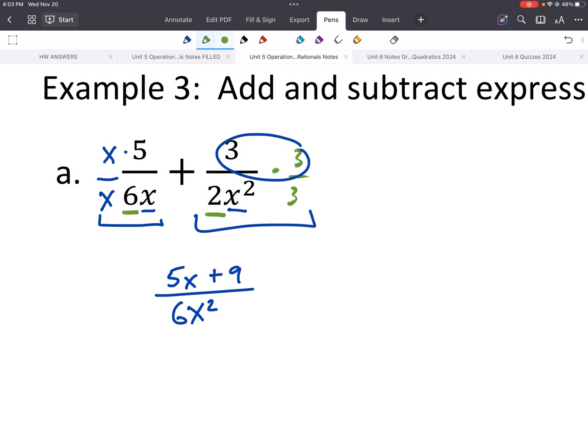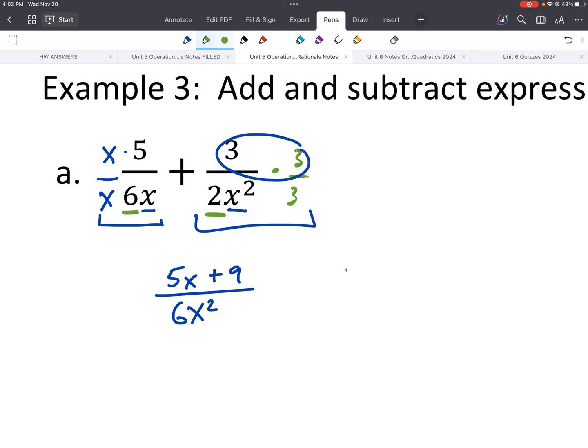I had somebody ask, can we cancel out one of these x's, top and bottom? Okay, but really what we're doing is we are dividing both of these by x squared, and we cannot divide that by an x. So again, if you're going to try and cancel, we have to cancel everything.